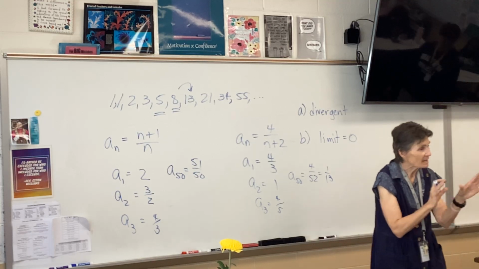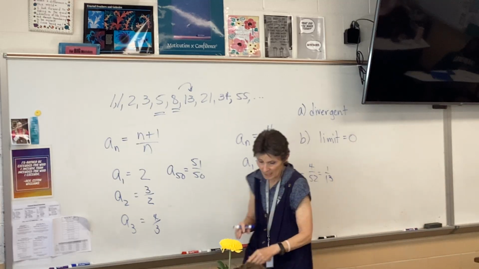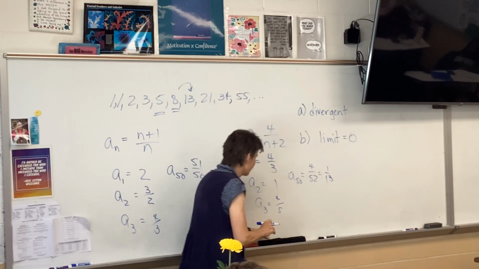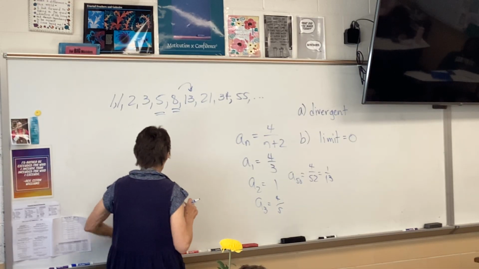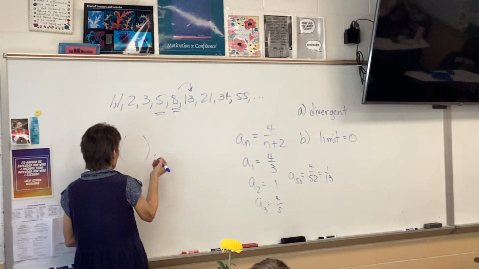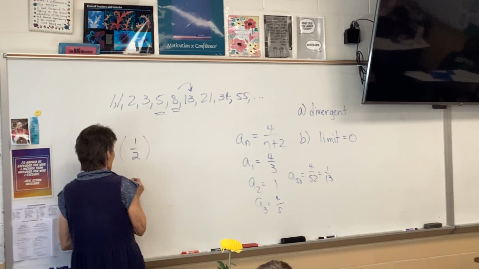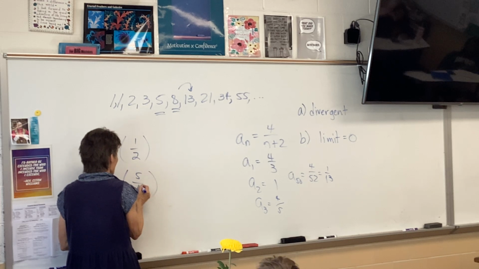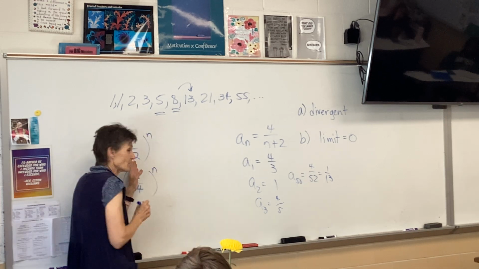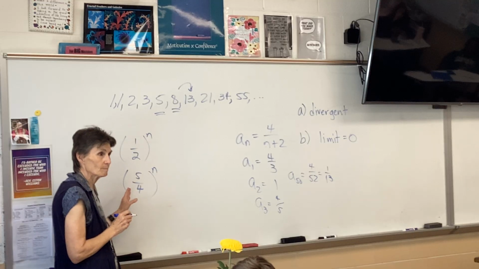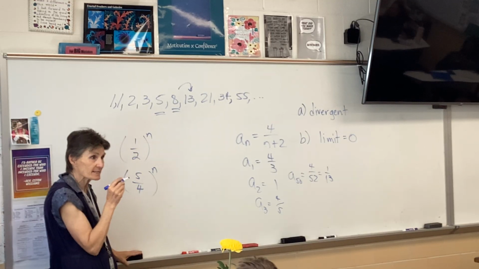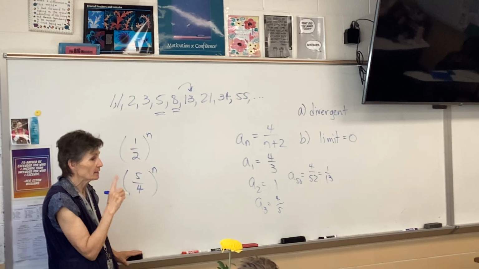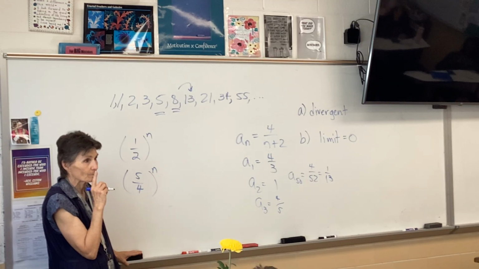So Jimmy, you just hit on something really, really important. When we have a fraction to a power, so our first example was 1/2, your example was 5/4. When you have a fraction to a power, if that fraction is less than 1, the limit will always be 0.